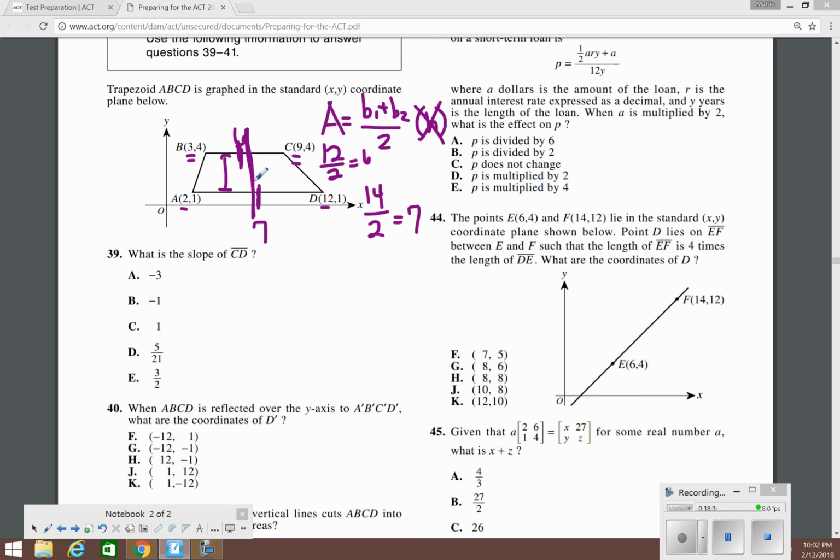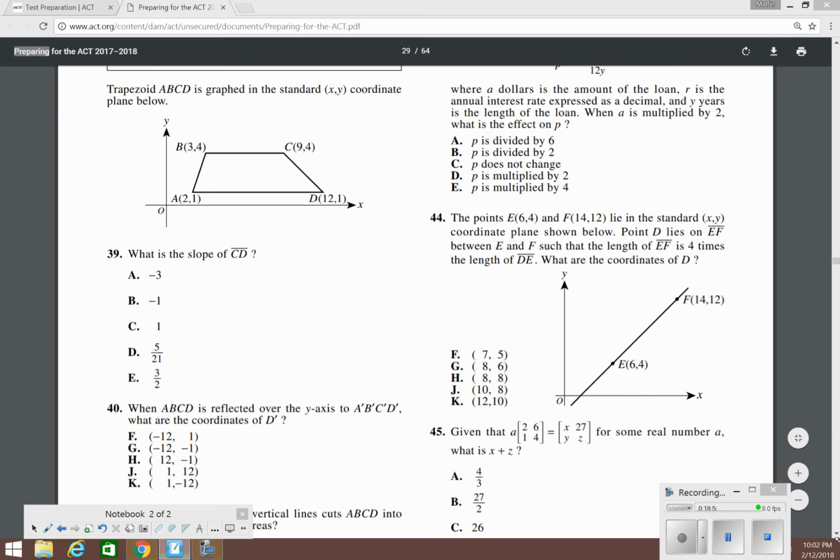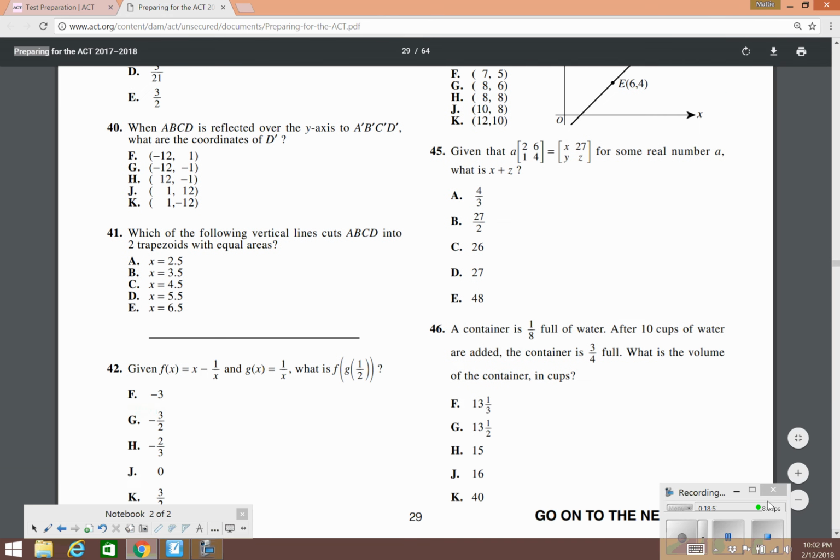And then I want basically the average of that. 6 and 7 added together is 13, divided by 2 is 6.5. So the vertical line that would make it even for both of them would be at x equals 6.5. If you look at your options, all of them say x equals, because that's how we graph a vertical line. We want ours to be 6.5, which is choice E for number 41.